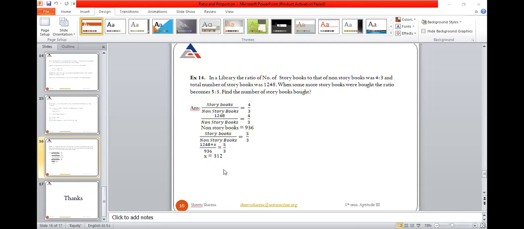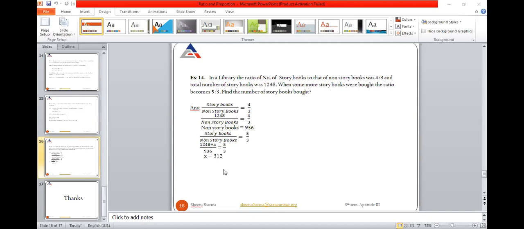So write in the ratio story books upon non-story books. This is 4:3. Next is, the total number of story books was 1248. So substitute the value in the numerator. 1248 divided by non-story books is equal to 4/3. Solving this equation, we will get the value of non-story books as 936.